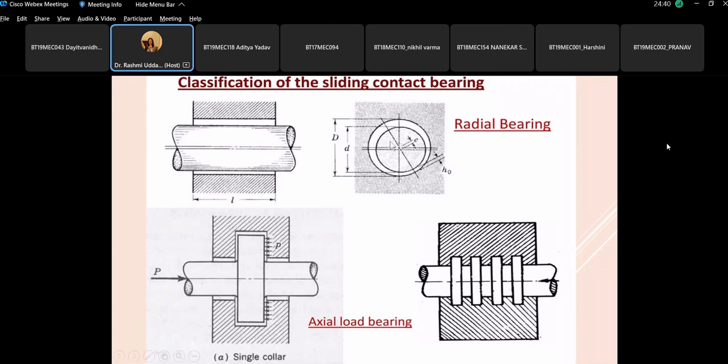This is a kind of bearing which will withstand only the radial loads, the load coming along the radius of the shaft. And so this is the design. But if there is an axial load, in which kind of machine elements would there be axial load? Which kind of gears?